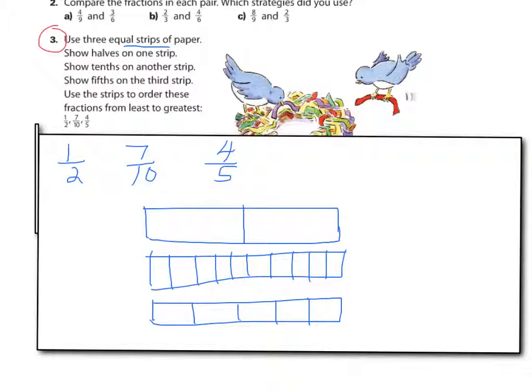Not loving that. They're not 100% equal. Perhaps even using your ruler and making each strip 10 centimeters would be a good idea. Then each centimeter could be your spot that you mark for the 10, and for 5 it would be every 2 centimeters, and then half would be half of 10, which is 5, which would work quite nicely.